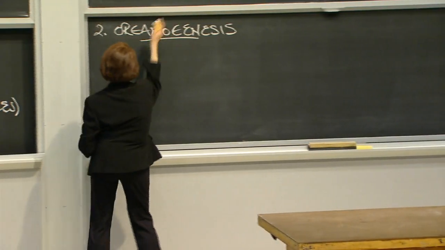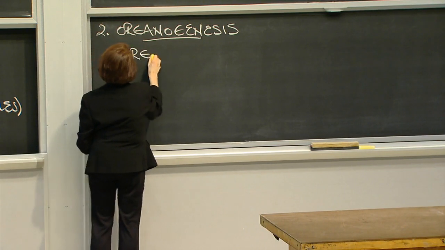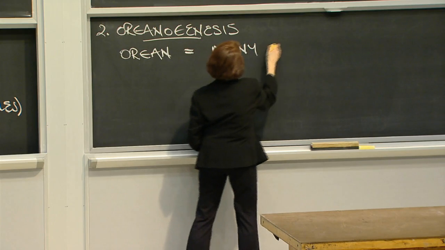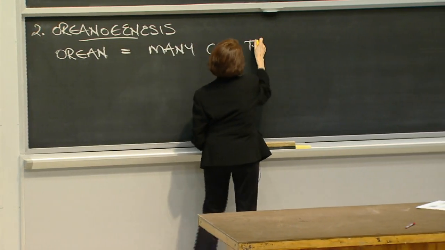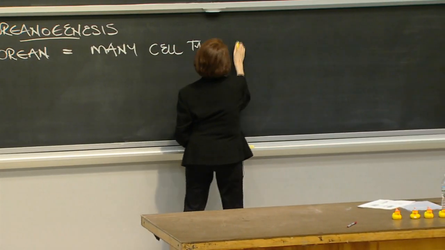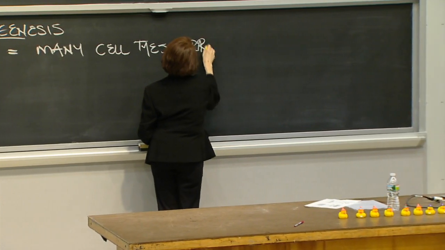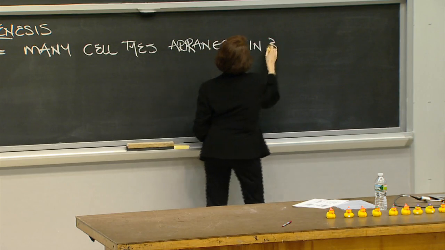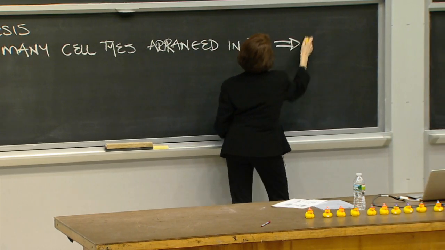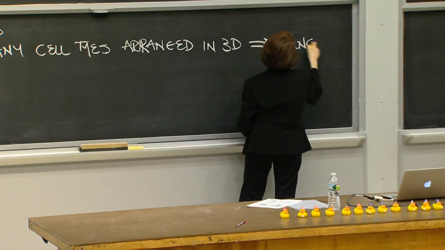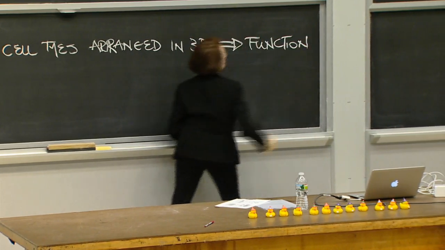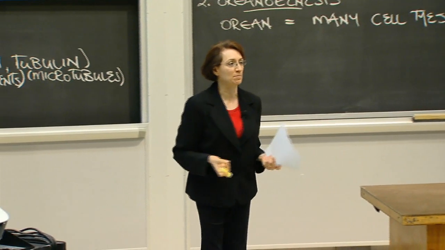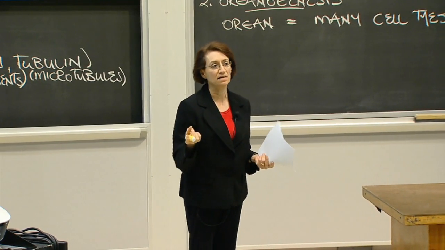Okay, so the problem we have here is that an organ is many cell types arranged in 3D such that there is a specific functional outcome. Like the heart pumps blood, the kidney filters blood, the eyes see.